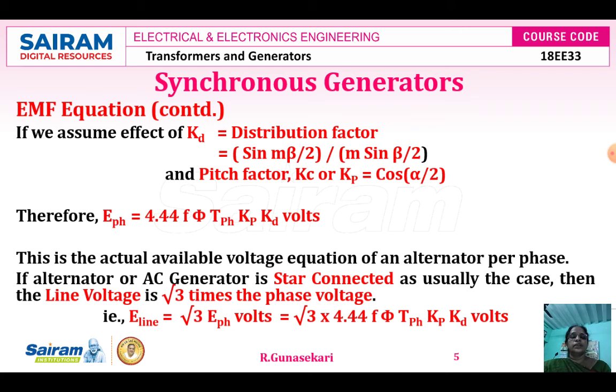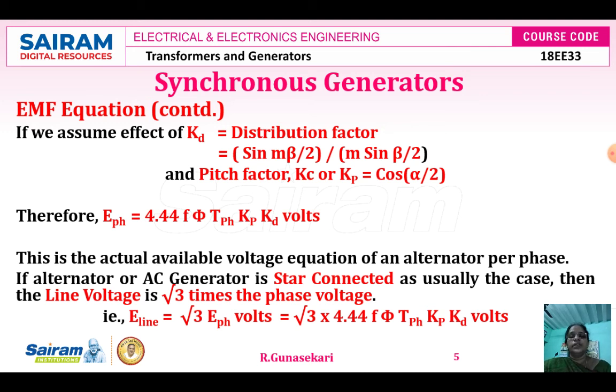Then the pitch factor Kc, or Kp. Kc means coil span factor, Kp means pitch factor, both should be the same. The formula is cos alpha by 2, where alpha is the short pitched angle, the fractional pitched angle.